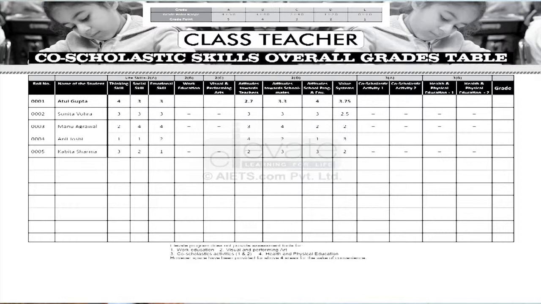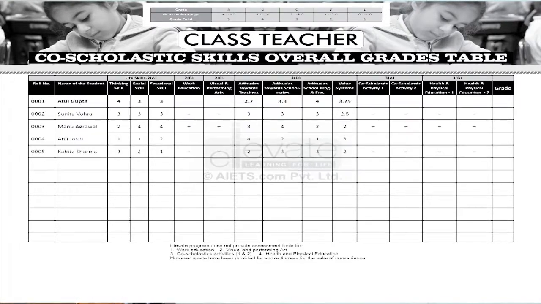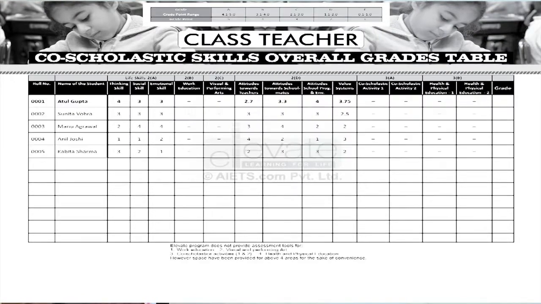But by chance, the same science teacher is the class teacher of this class. So she has to accumulate all records from the mathematics teacher, the social science teacher, the English teacher, the Hindi teacher, and then take the average and fill these boxes.